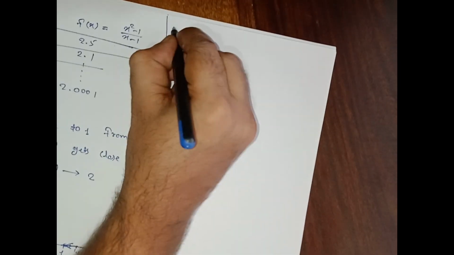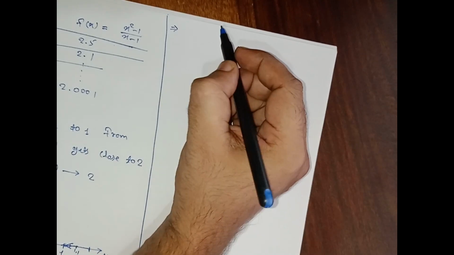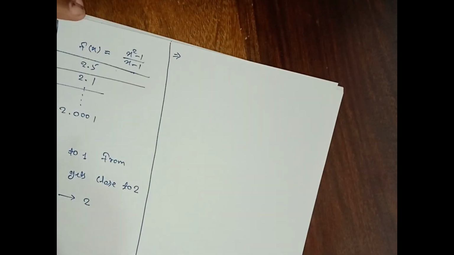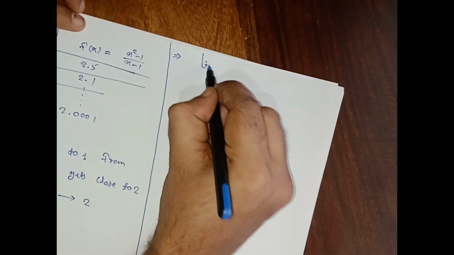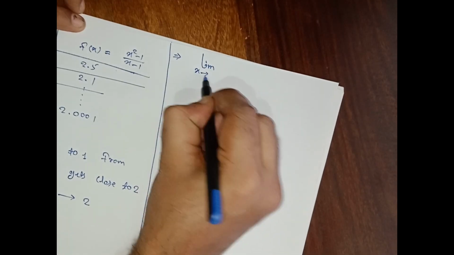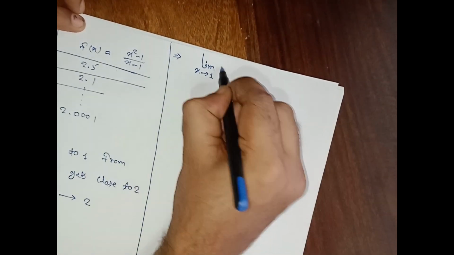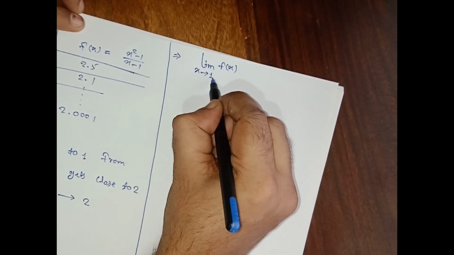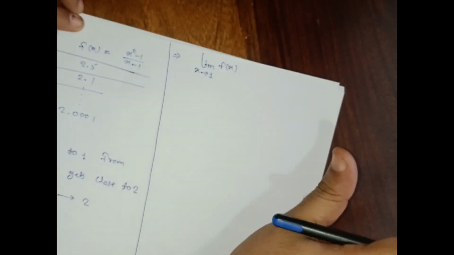Okay, so how are we going to represent this in a mathematical form? In a mathematical form, we represent the limit as x goes to 1 of f(x), as x gets closer and closer to 1 but not equal to 1.